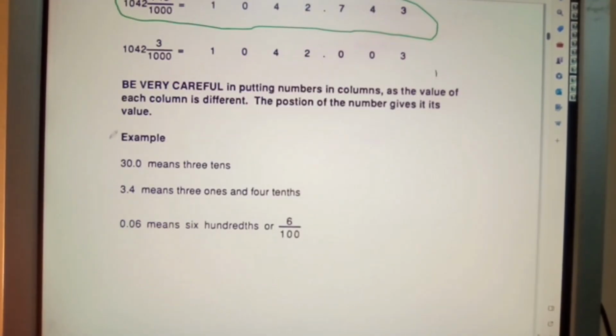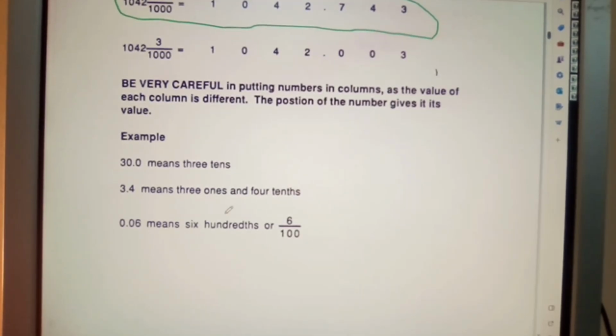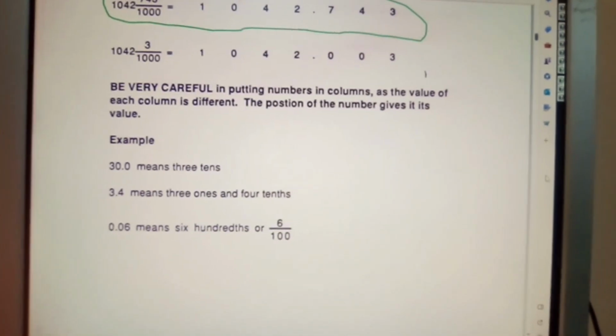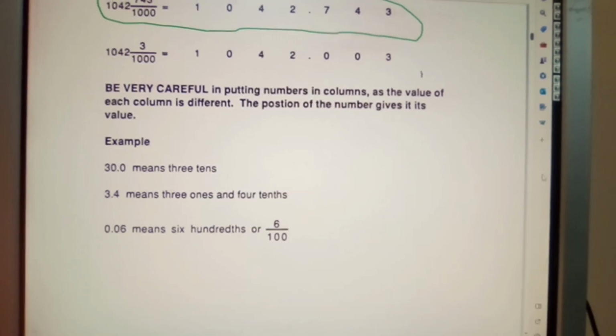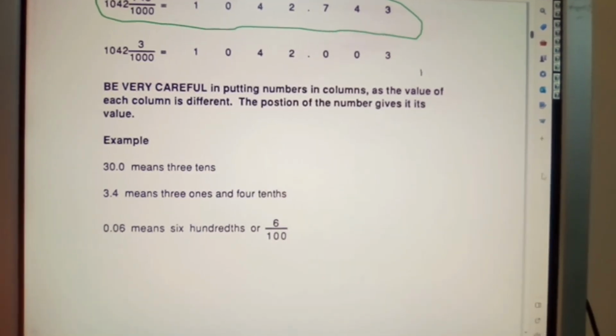Get it done. Now be very careful in putting numbers in columns, as the value of each column is different. The position of the number gives it its value. Be very careful when you put a number into a column, because that is not always the case.